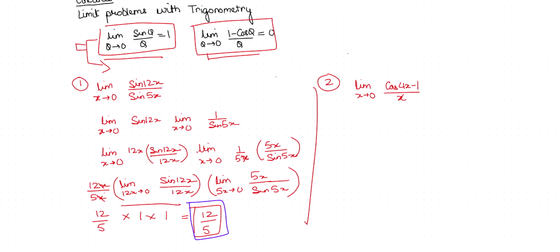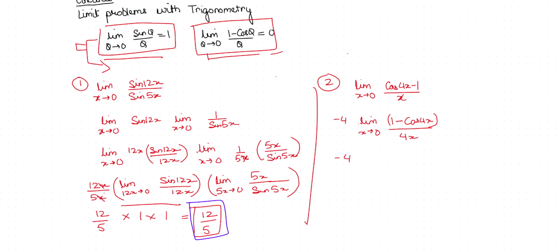So what we can do is we can write minus 4, and limit x tends to 0, and this we can write 1 minus cos 4x over 4x, and we can use this. So now this is minus, and limit x tends to 0, 1 minus cos 4x over 4x. This is the same as this fact.